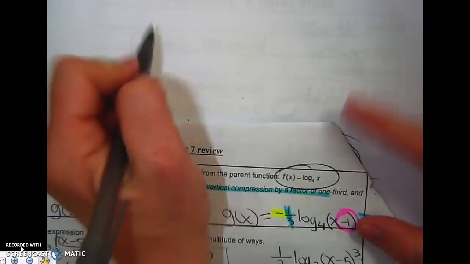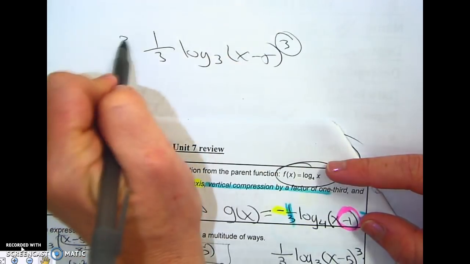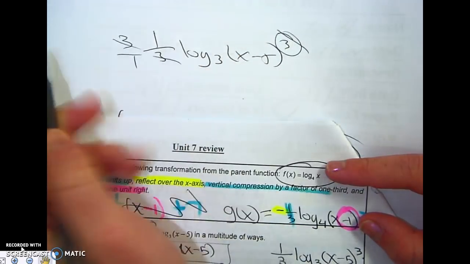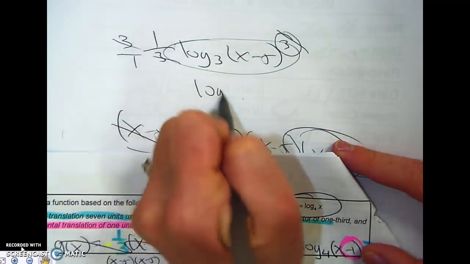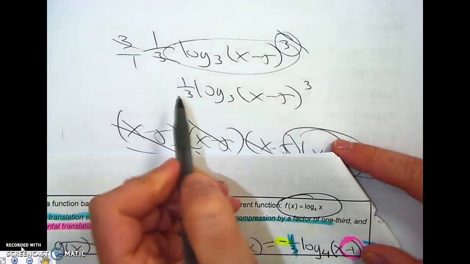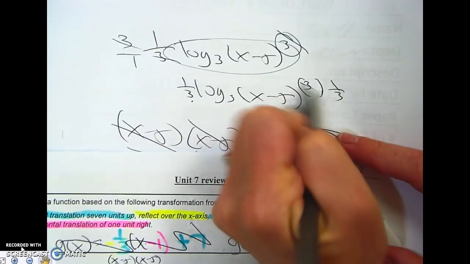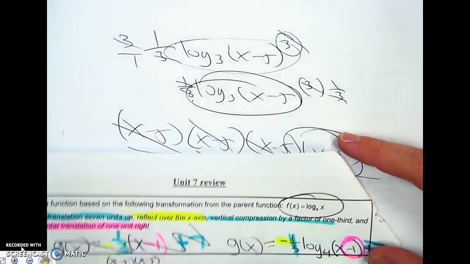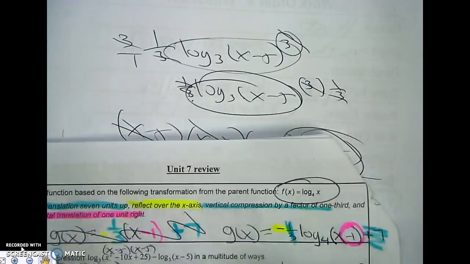So I could do, given this, I can make this little big, and then that's gone, and I'm left with log 3 of (x minus 5). I could instead make the big little, and then it simplifies to the same answer. So you just want to make sure you're showing a multitude of ways of doing this, okay?